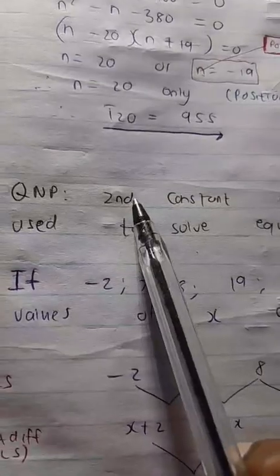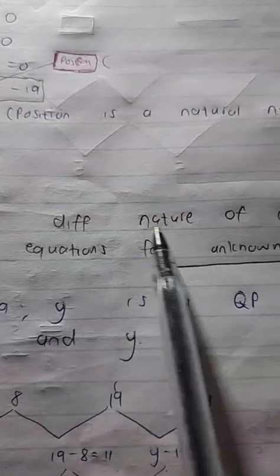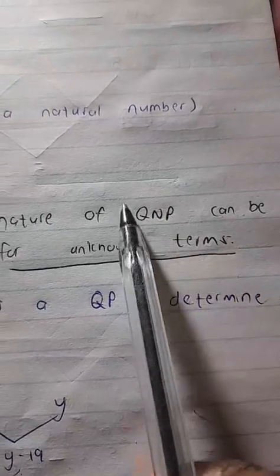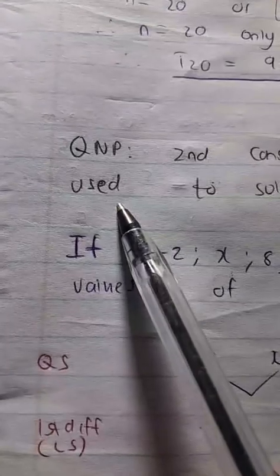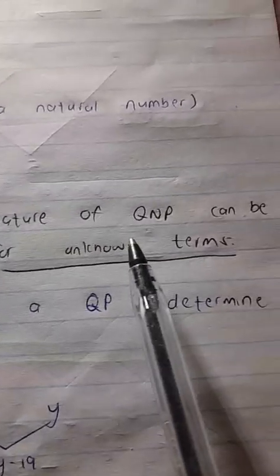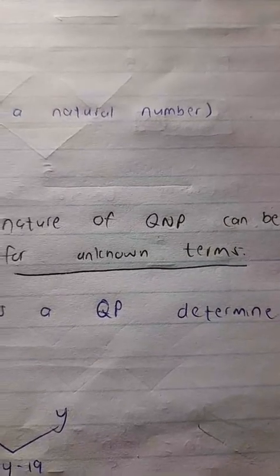I repeat, the second constant difference nature of your quadratic number pattern can be used to solve equations for the unknown terms.